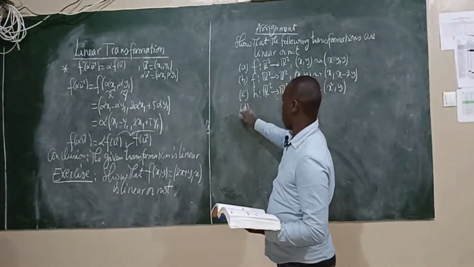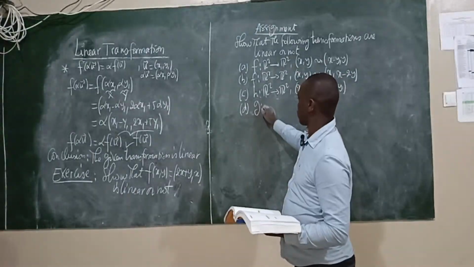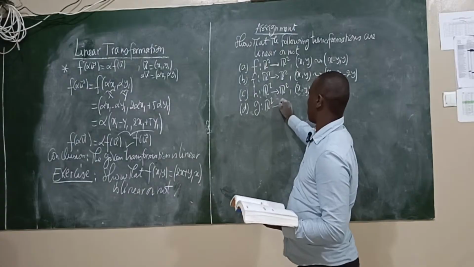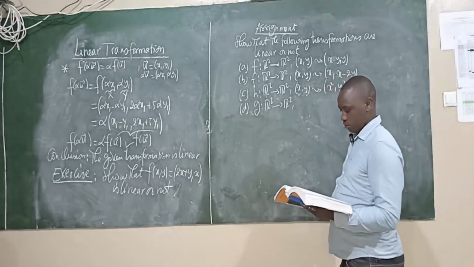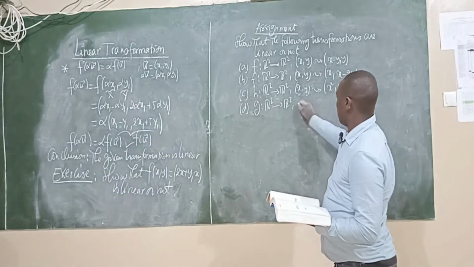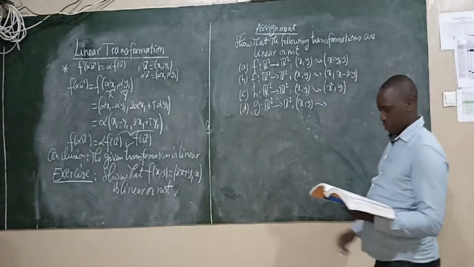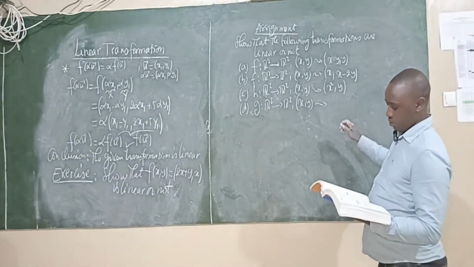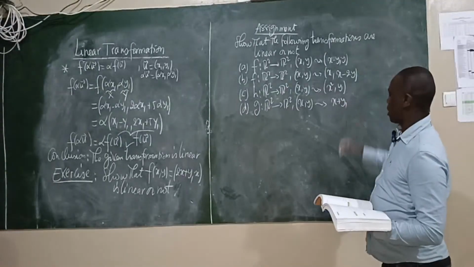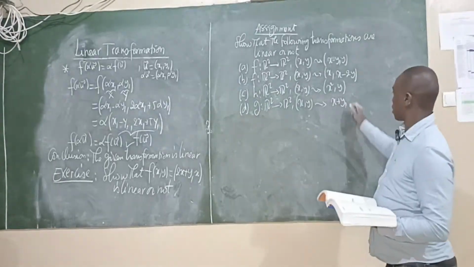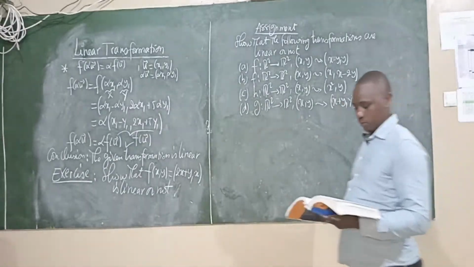D: we have G as a mapping that maps L2 to L2 as x, y, which maps to x plus y, comma, y square.